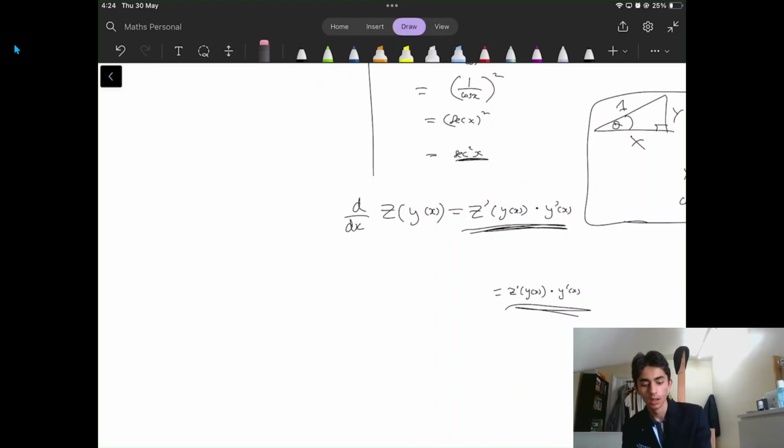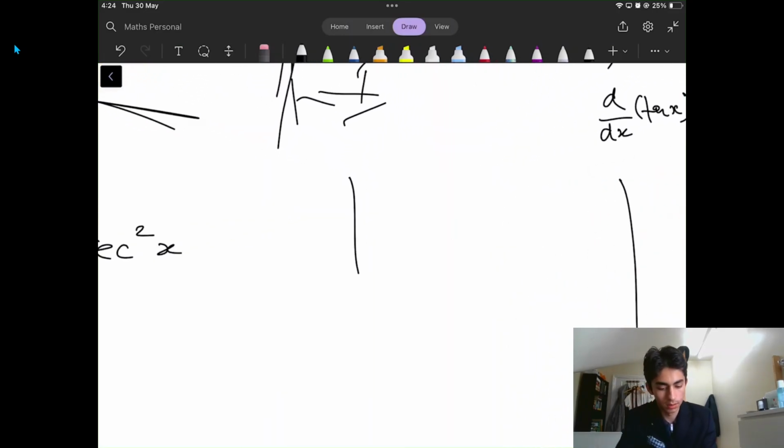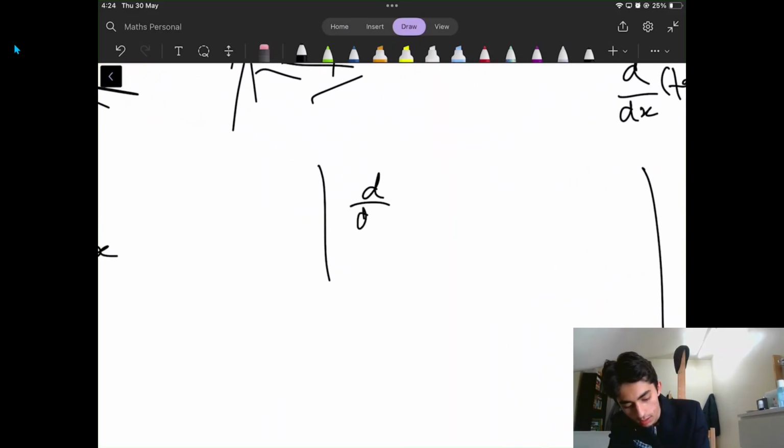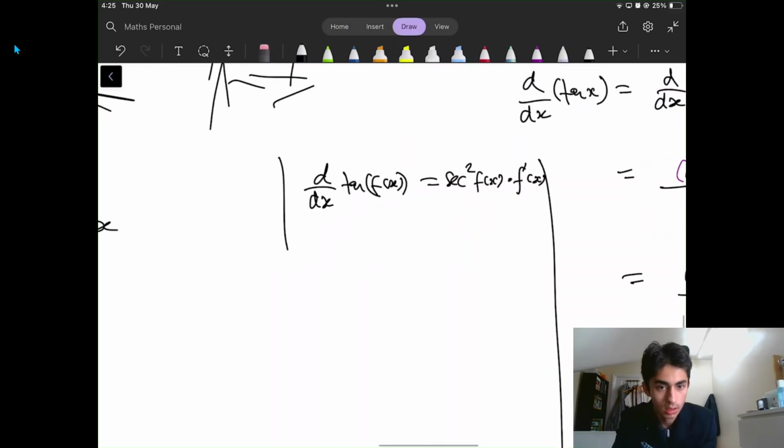Okay? If we use that sort of rule to differentiate tan of some arbitrary function, you get the derivative of tan is secant squared of the arbitrary function multiplied by the derivative of said function, of the inner function, that is, right? F prime of x.